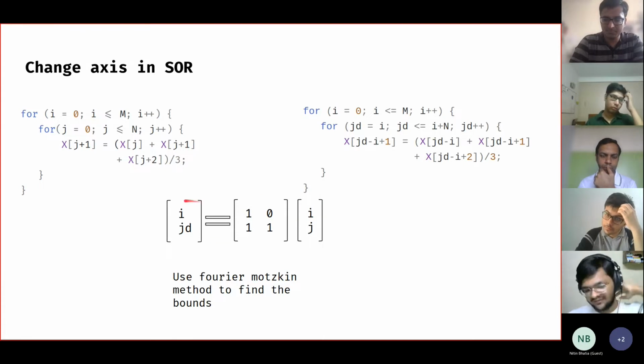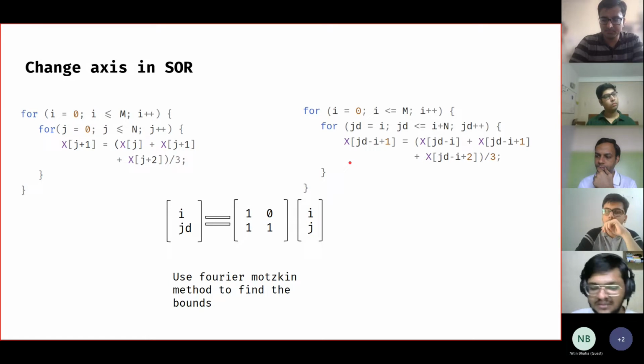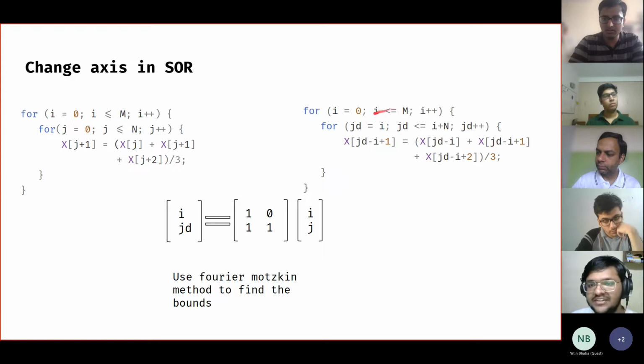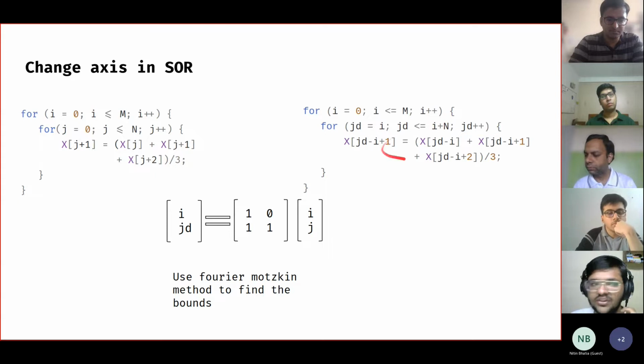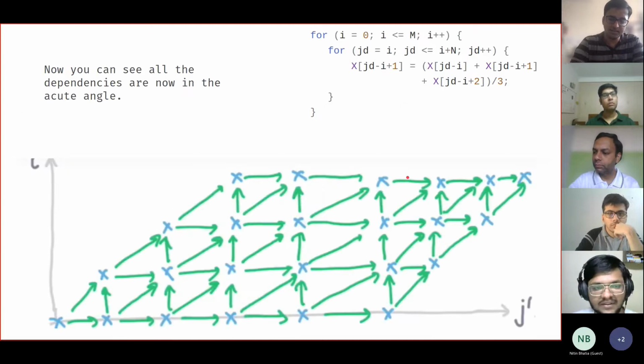After applying the Fourier-Motzkin method and getting the bounds, we get this new loop. For a particular ith iteration, the jth iteration goes from i to i plus n, and then we do our smoothing operation here. So when you change the axis here, our data dependency graph now looks like this.